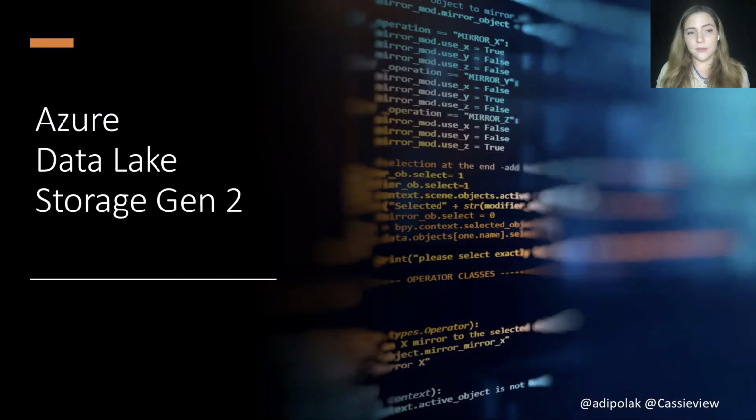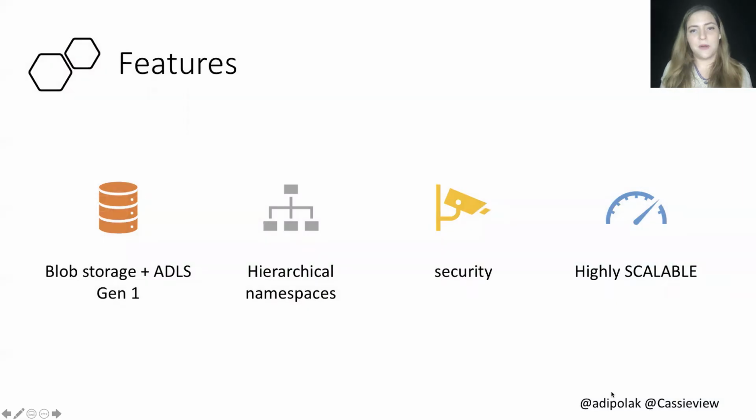And one of the tools to do that is Azure Data Lake Storage Generation 2. Azure Data Lake Storage Generation 2 is part of the Microsoft Azure Cloud products, and it's considered to be one of the world's most productive data lakes.